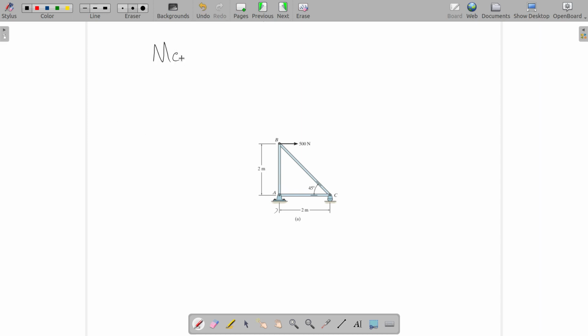We will try to solve this problem using a method called method of joints. In method of joints, we will consider each joint at a time, and we'll try to draw the free body diagram of it, and find out each member force.